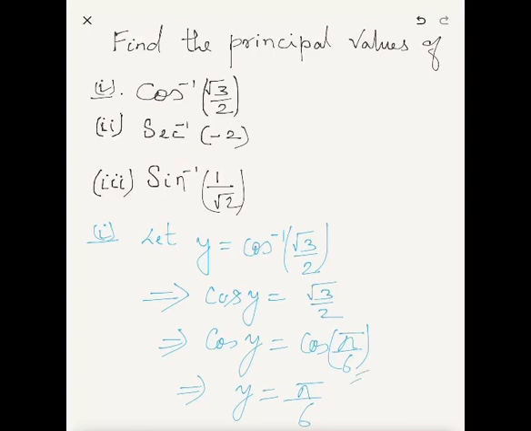See why I am taking pi by 6. You can take this in the fourth quadrant also, isn't it? In the fourth quadrant also you will get root 3 by 2. But I am just taking pi by 6 because we know that cos inverse x belongs to 0 to pi for all x belonging to minus 1 to 1, isn't it?